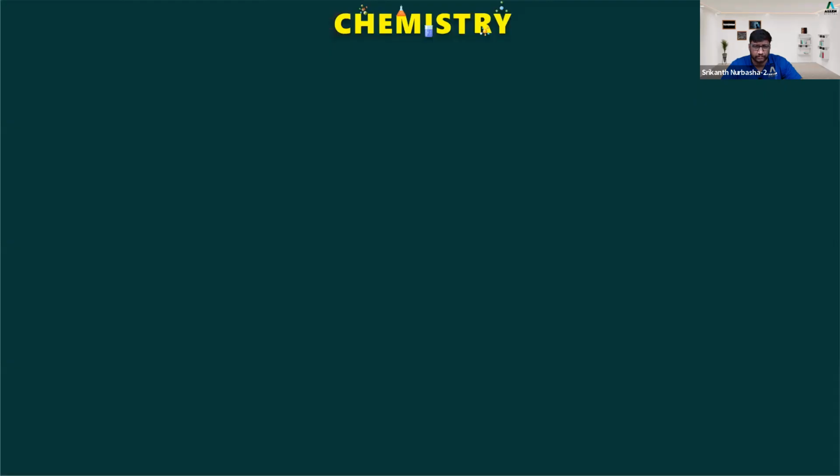So, last class, if you remember what we have discussed, we have discussed alcohols. Yes or no? The preparations, properties, reactions involving cleavage of the C-O bond, reactions involving cleavage of the O-H bond, and the last set of reactions which we have discussed in alcohols.